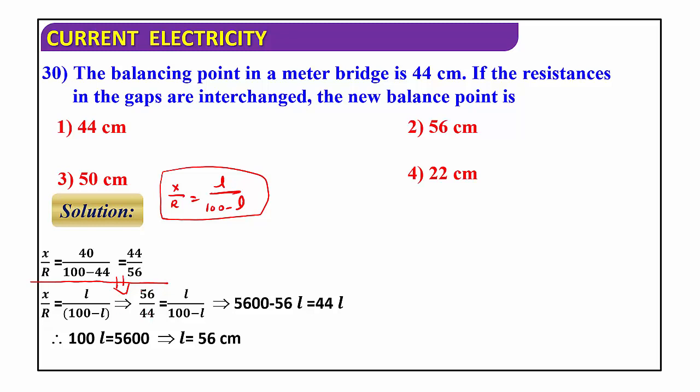Now cross multiply: 56 into 100 is 5600 minus 56 into L equal to 44 into L. Or we can write 100 L equal to 5600. So L equals 56 centimeter is the final answer. So the second option is the right answer.